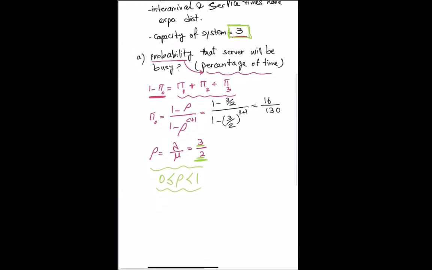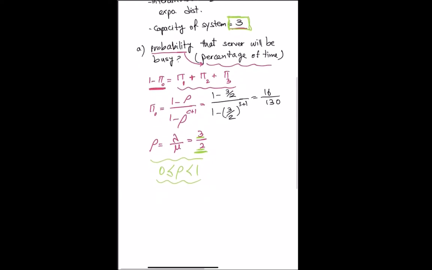And then 1 minus pi 0, which we wanted to calculate to find the percentage of the time that the server is busy, is 1 minus 16 over 130. That's going to be 114 over 130.